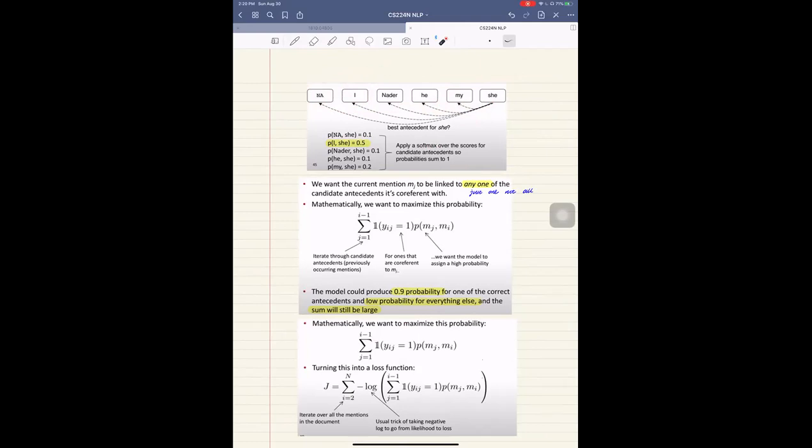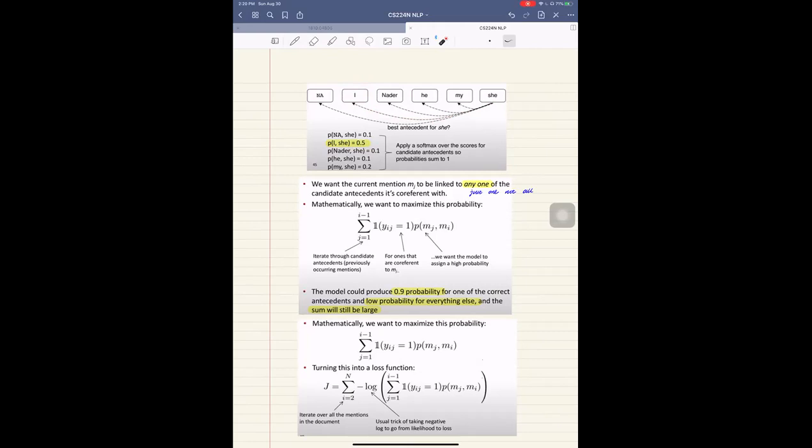For example, the highest one is I and she. Then we link that to she, and we ignore the others. We don't think about other stuff anymore. That's the core idea of mention ranking models.